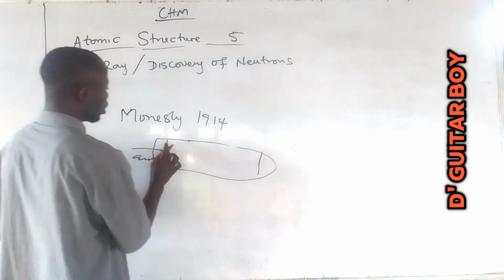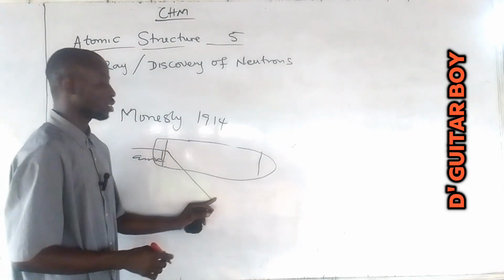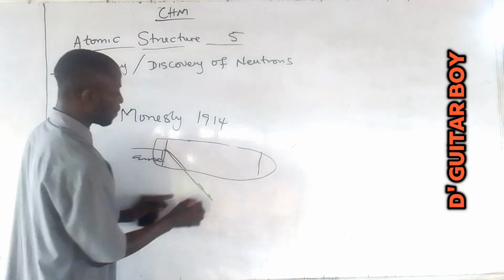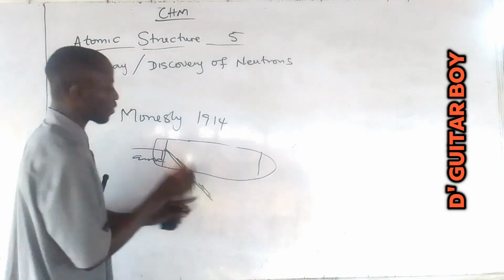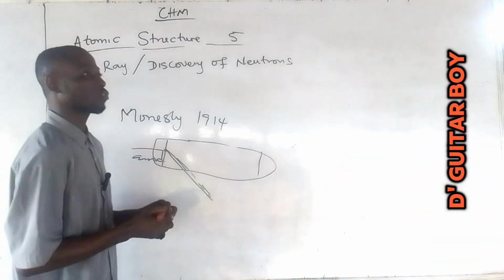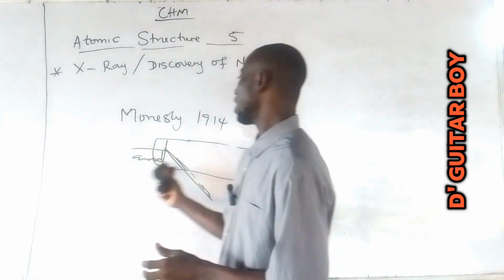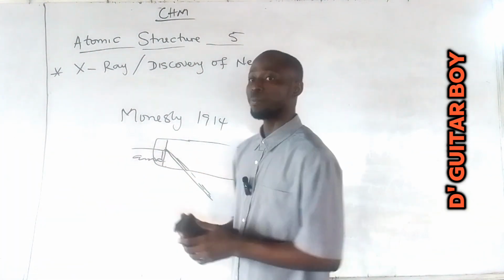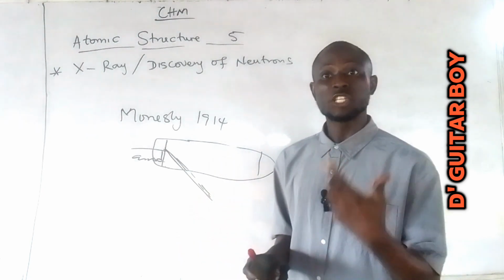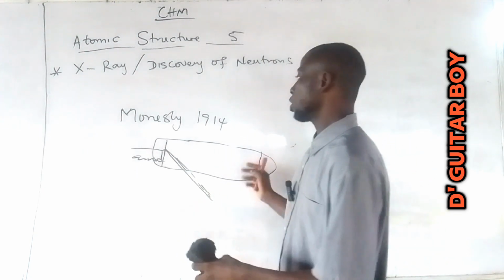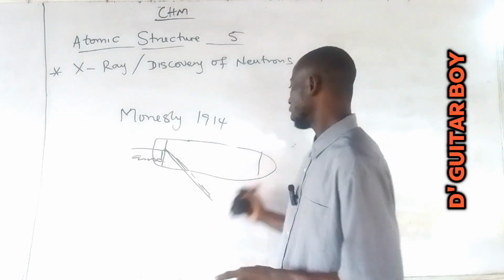This is the cathode. So he puts one element here, he notices the frequency of its radiation. He puts another element, notices the frequency of its radiation. He puts another type of element, notices the frequency of radiation. In all that, he was able to assign a number to different elements based on the frequency of the radiation they emit after they were bombarded by streams of electrons from the cathode.